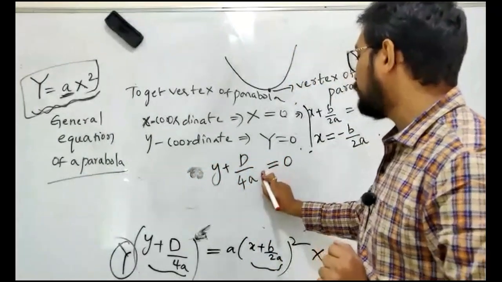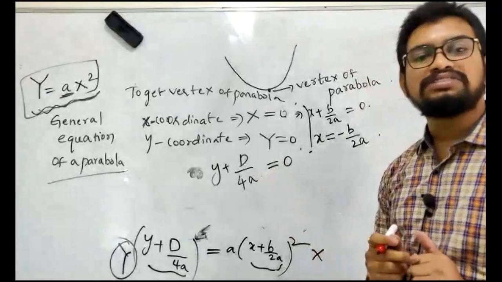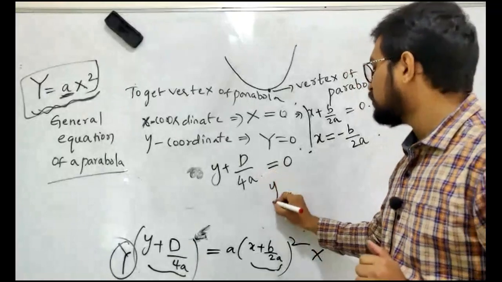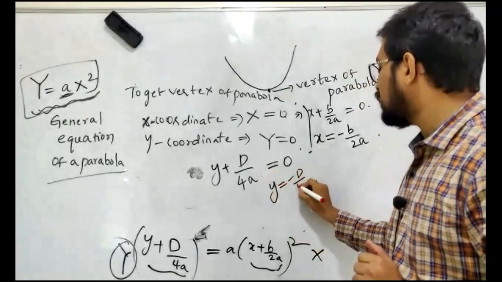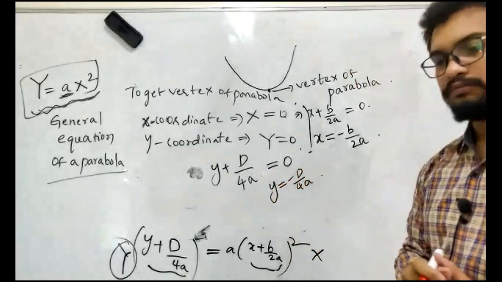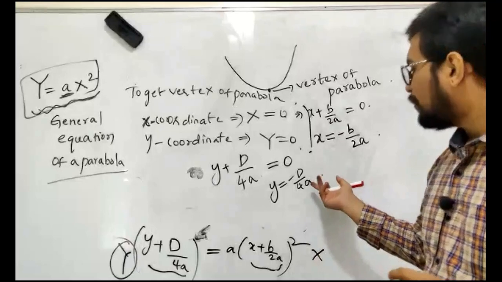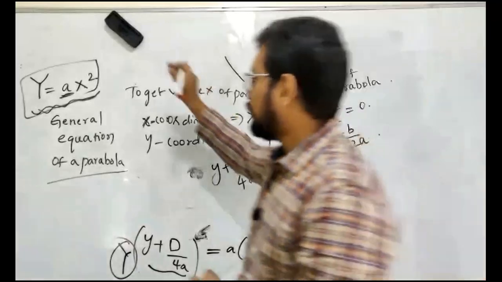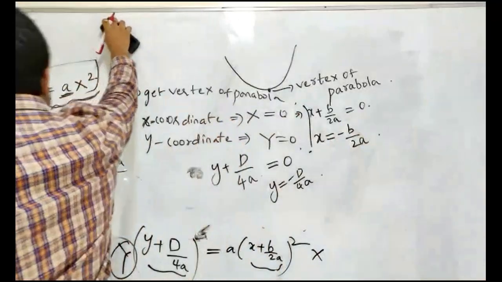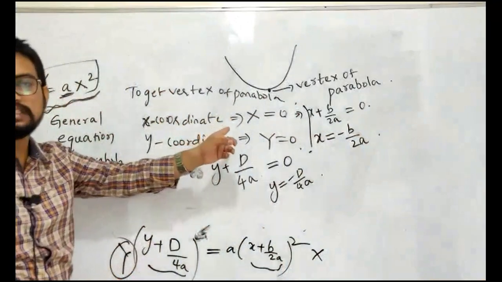So you'll get y is equal to minus d by 4a. So I hope this is clear.